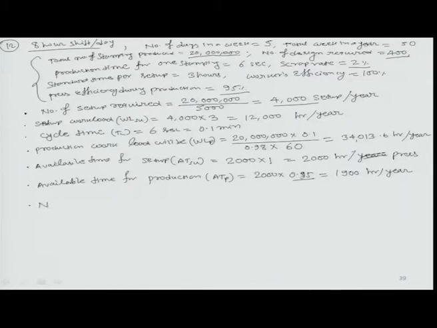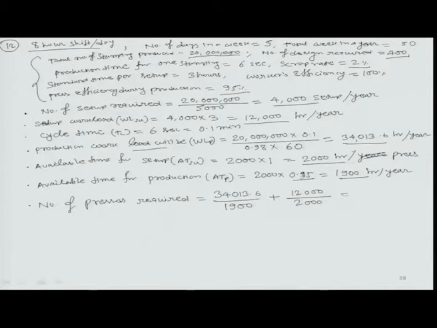So, the number of presses required is equal to the production workload, 34,013.6, divided by 1900, because the available time for production was 1900, plus the setup workload, 12,000 hours per annum, divided by the available time for setup, which was 2000 hours.